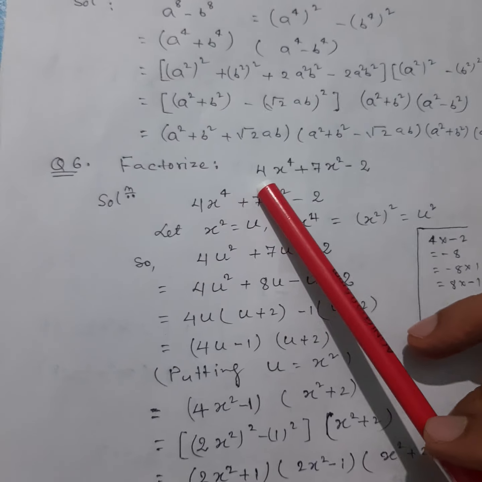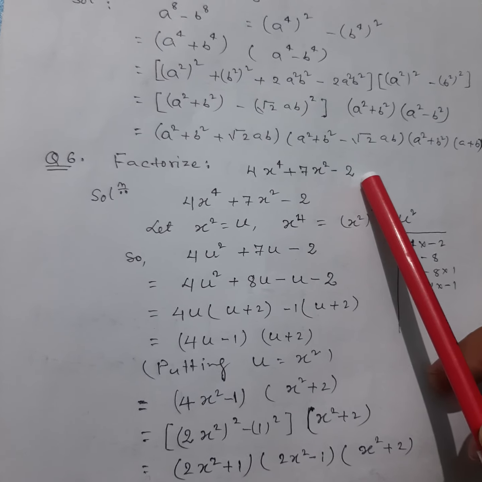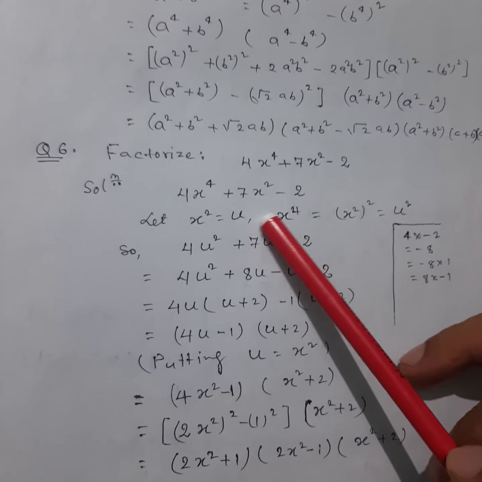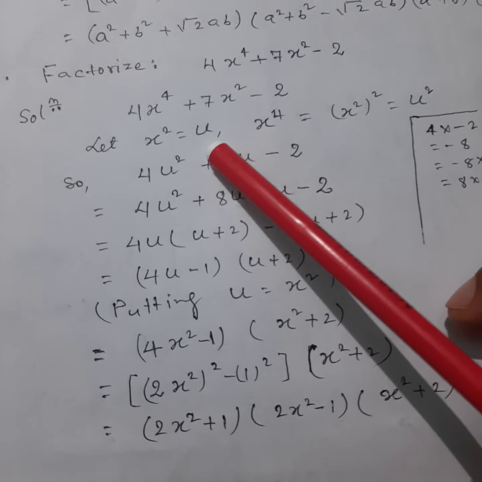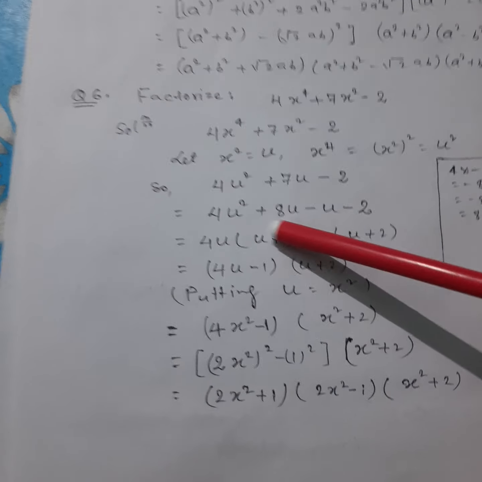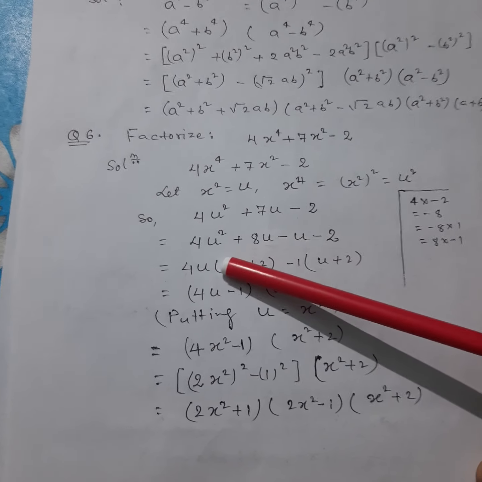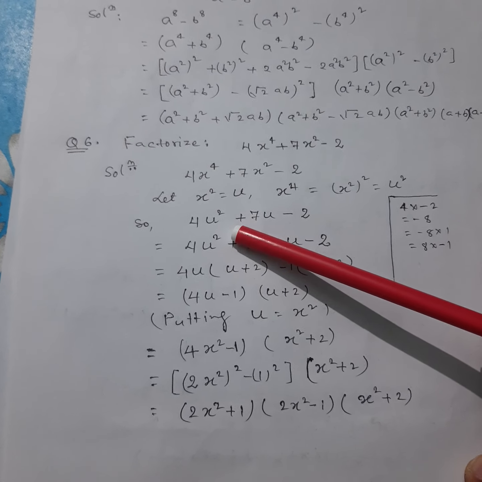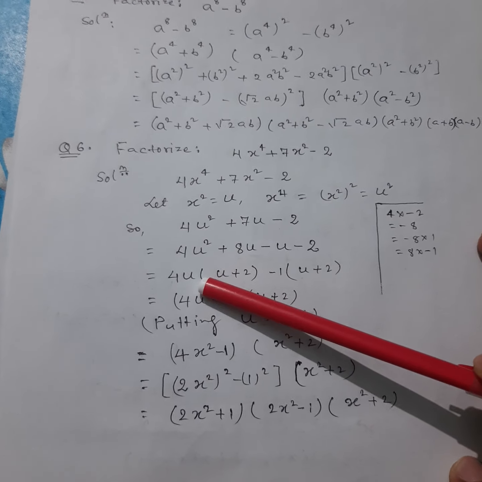Question number 6. Factorize 4x⁴ + 7x² − 2. Here we put x² = u, so x⁴ = u². Now we get 4u² − 7u − 2. Now it is in the form of a quadratic trinomial.